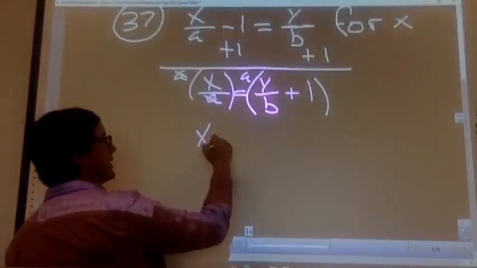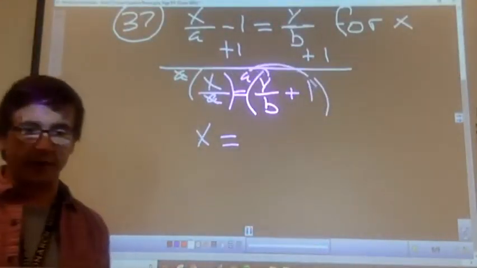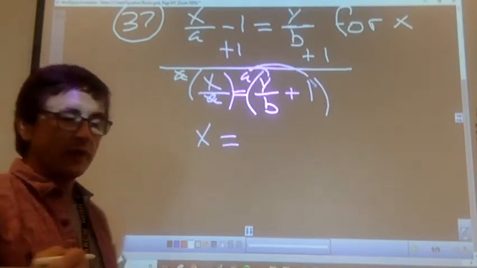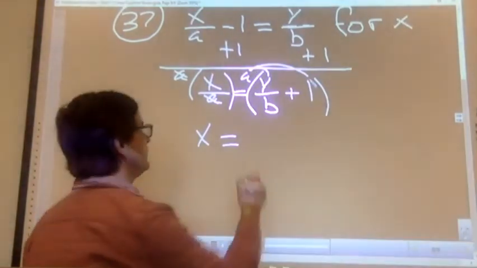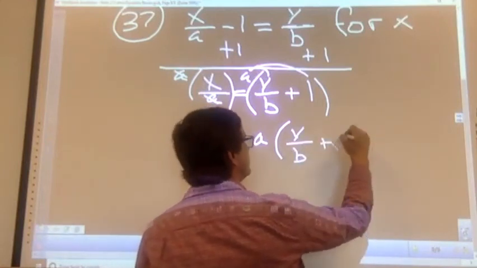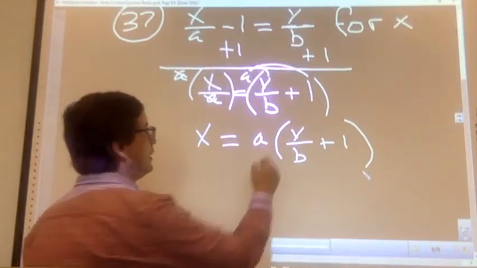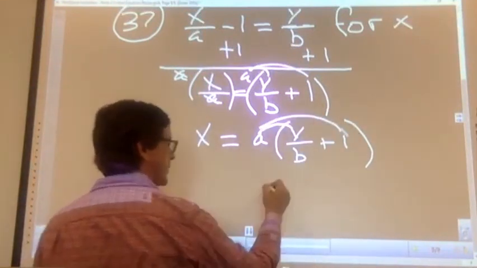So on the left, we have x left. I'm going to go ahead and multiply that a into the parentheses. So in a multiple choice kind of problem, you might see this as your answer, just with this a hanging out in front. Or you might see that a distributed.